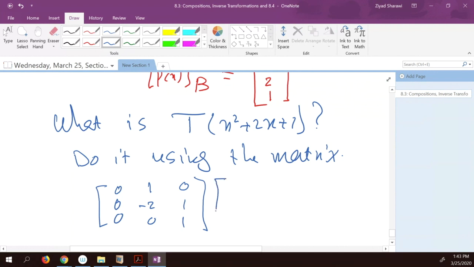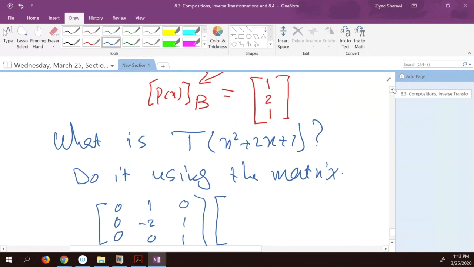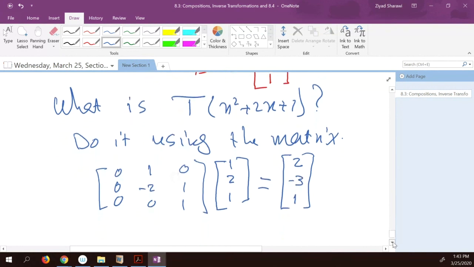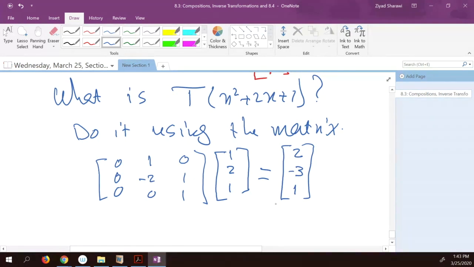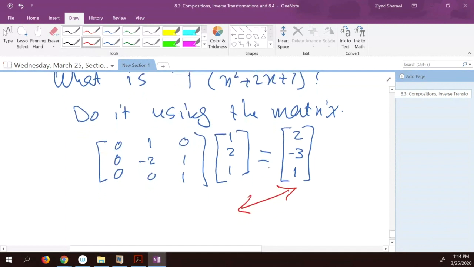Now, we let this matrix act on the coordinate vector of Px, which is 1, 2, 1. From this, what do we get? Multiply. What do you get? You get 2. You get negative 4 plus 1, negative 3, and you get 1. Now, translate this. This is the coordinate vector of your answer.